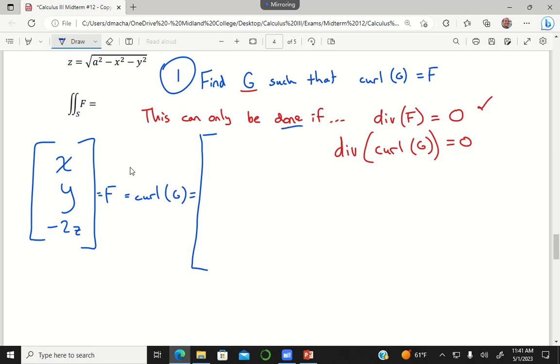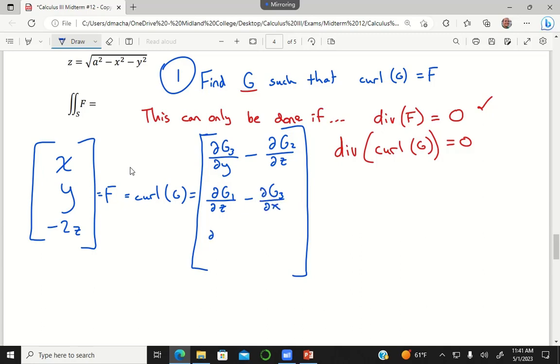And of course, the curl of G is going to be the partial of G3 with respect to y minus the partial of G2 with respect to z. The second entry is going to be the partial of G1 with respect to z minus the partial of G3 with respect to x. And then the partial of G2 with respect to x minus the partial of G1 with respect to y.